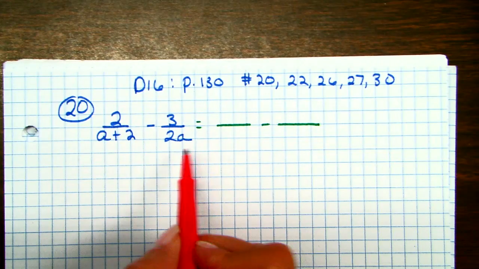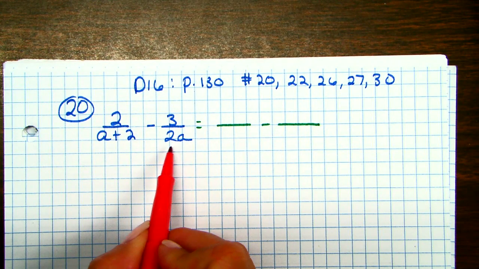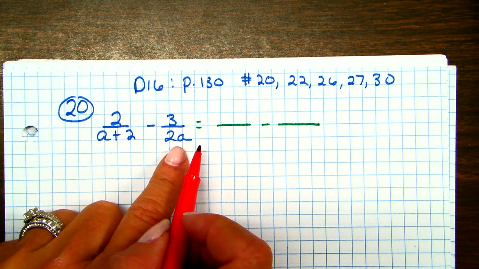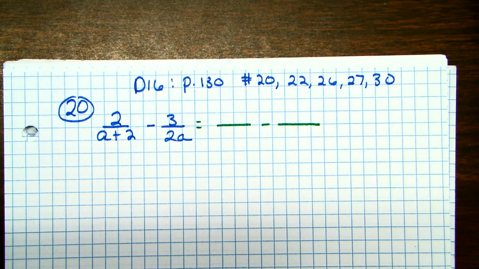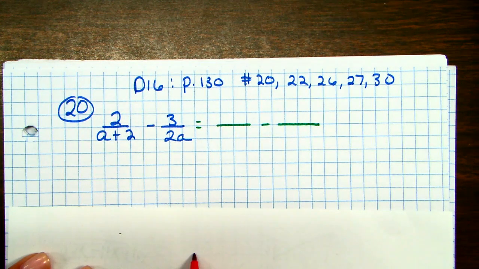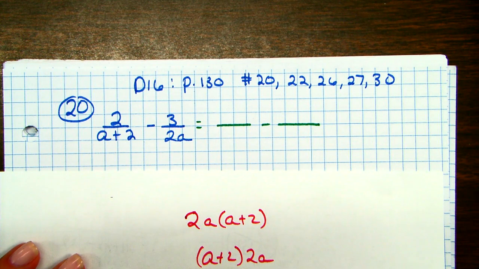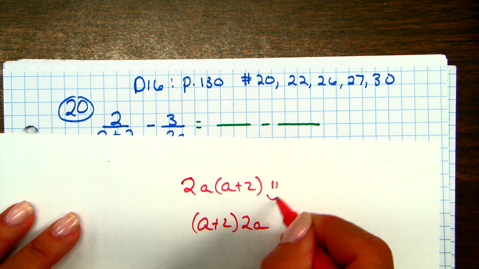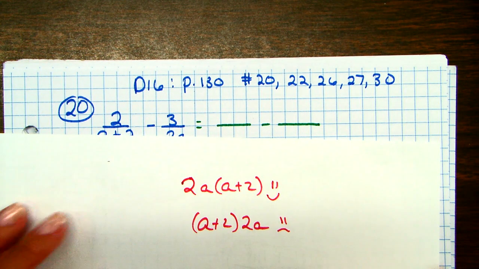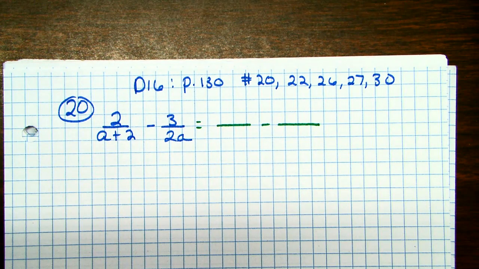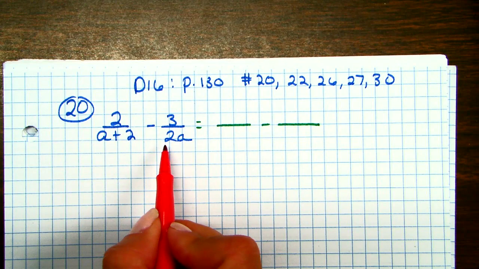Okay, so guys, stay with me, you'll see. I always start with the monomial, okay? It's not wrong to write my common denominator, I'll just tell you, is going to be this in a second. It's not wrong to write a plus 2 with the 2a over here, but it feels weird, right? This one is better than this one. So when I'm looking at my two denominators and deciding what to start with, that's what I start with, if there's a monomial, meaning anything that doesn't have a plus or minus.